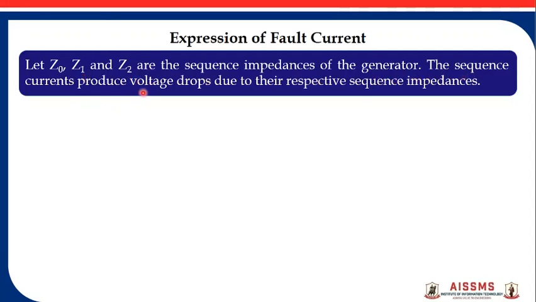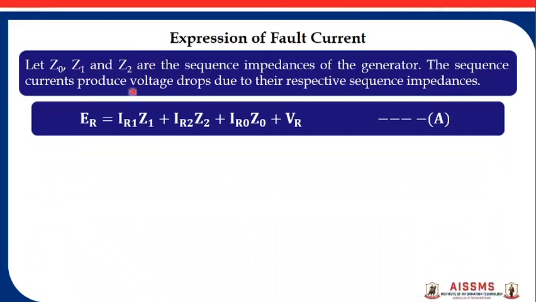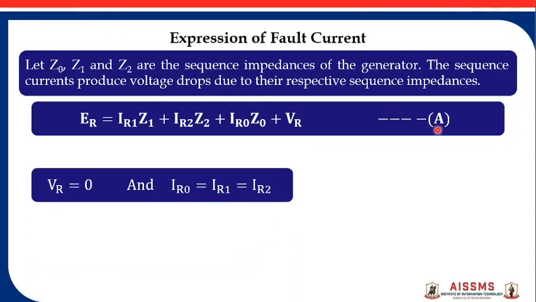The sequence currents produce voltage drops due to their respective sequence impedances. So ER can be written as IR1 into Z1, the drop due to the positive sequence component of the current, plus IR2 into Z2, due to the negative sequence component, plus IR0 into Z0, due to the zero sequence component, plus VR, which is the terminal voltage. Let us mark this as equation A.